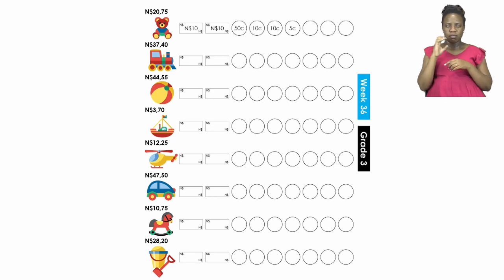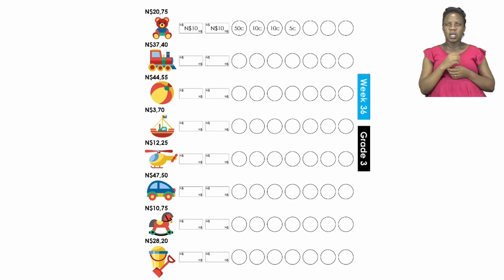Now here you have to fill in how many coins and how many notes you will need to add up to 20 Namibian dollars and 75 cents. Now there you will see there are 2 $10 notes, and that adds up to $20. Then you have a 50-cent coin, a 10-cent coin, another 10-cent coin, and a 5-cent coin.